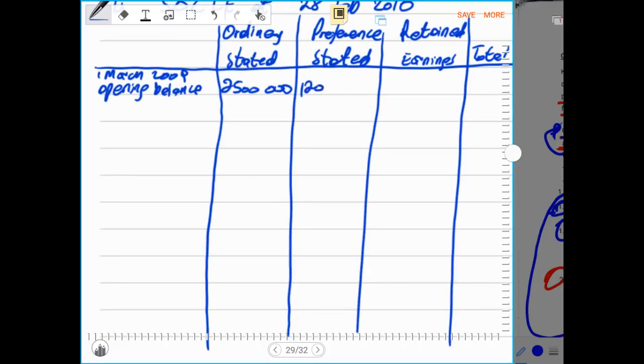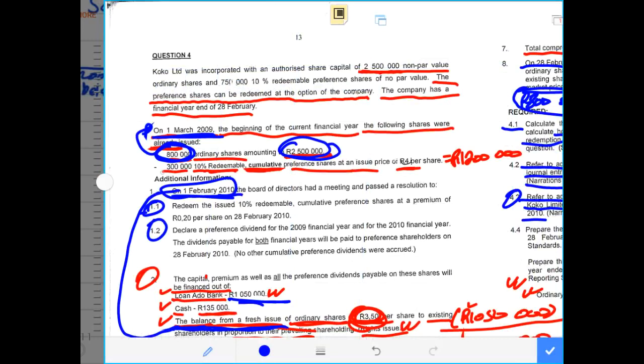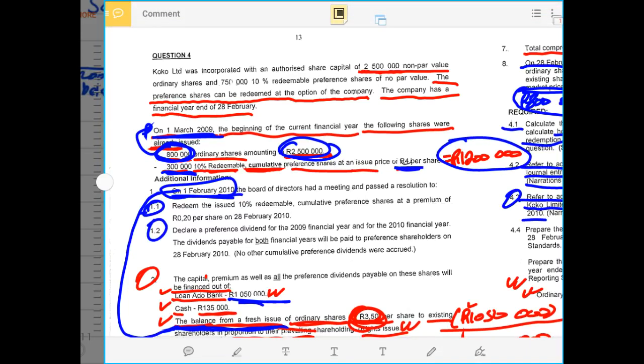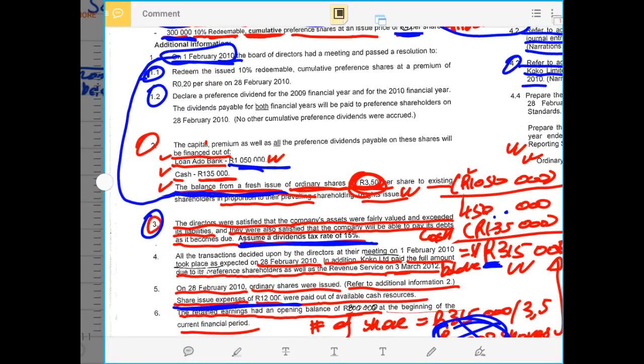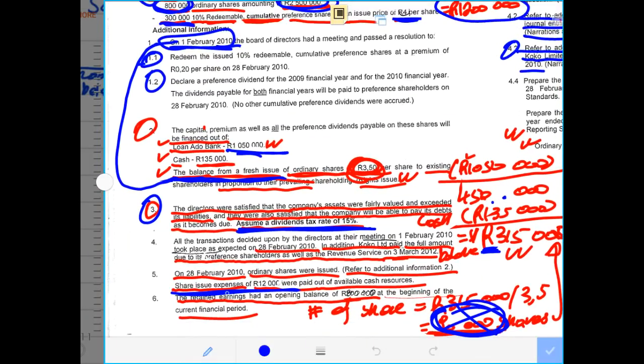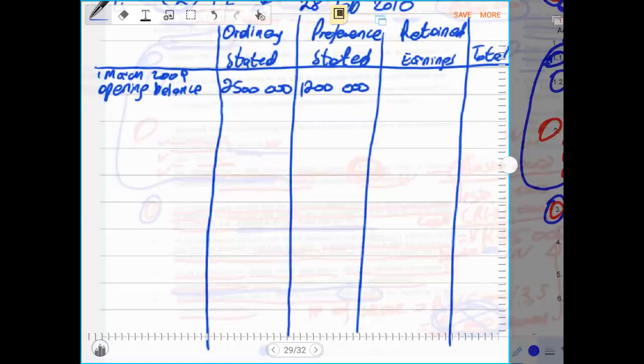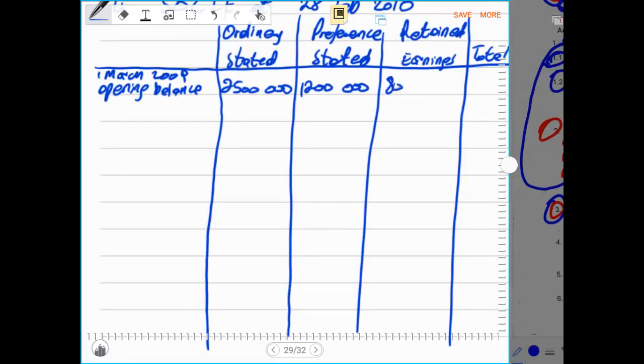Preference is 1,200,000. Preference capital, that was already there, where we said 300,000 times by 4, that gave us 1,200,000. Then there was retained earnings of 800,000, if my memory still serves me. Yes, there was retained earnings of 800,000 at the beginning of the year.